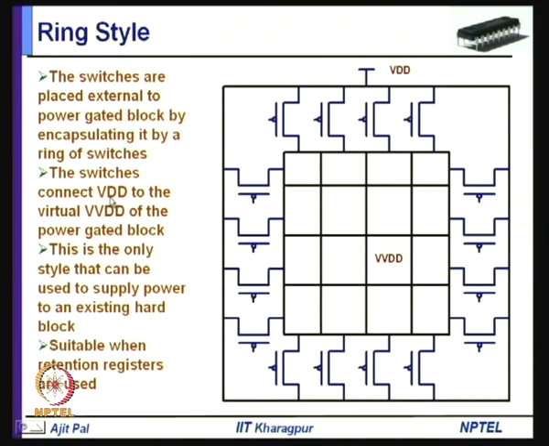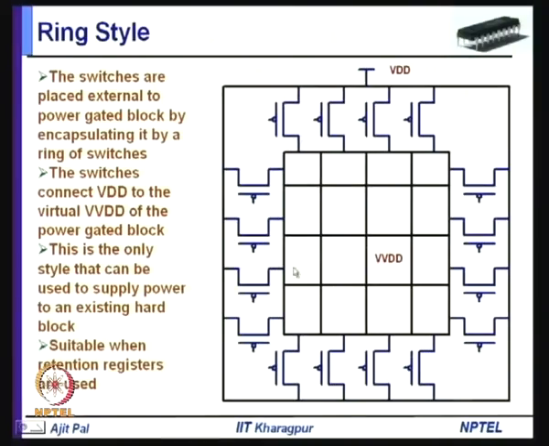So, these switches connect VDD to the virtual VDD of the power gated block, and this is the only style that can be used to supply power to an existing hard block. So, normally you may be using a hard IP core, maybe a CPU or some memory or some special purpose processor, whatever it may be.